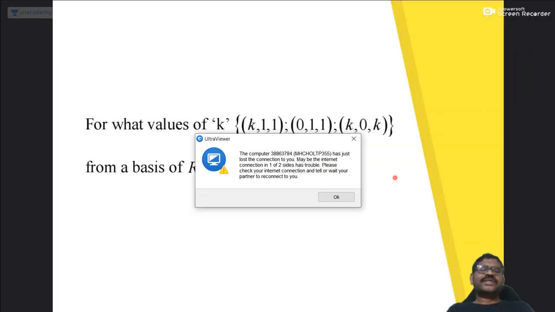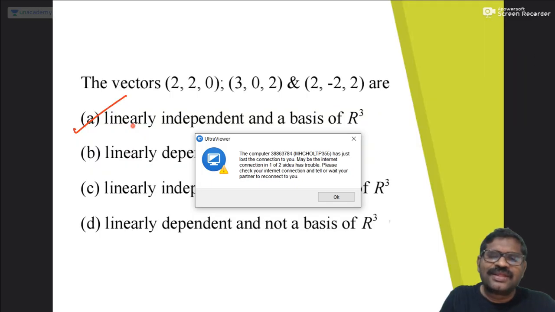Next, for what value of k does the set of vectors form a basis? Same concept. Here, the vectors are independent or form a basis or not.